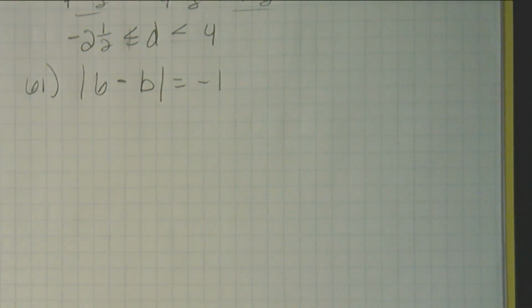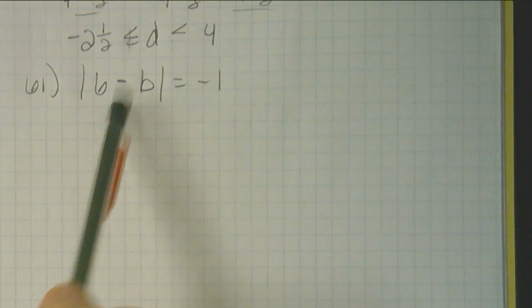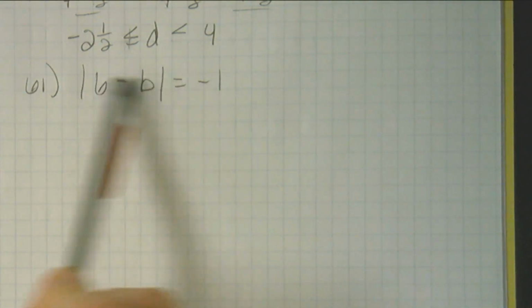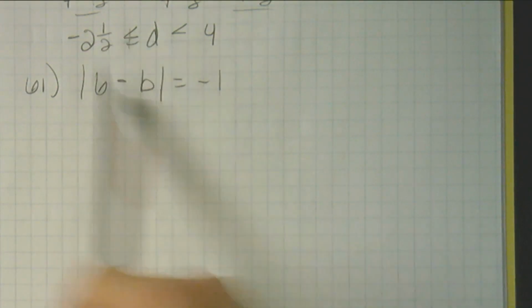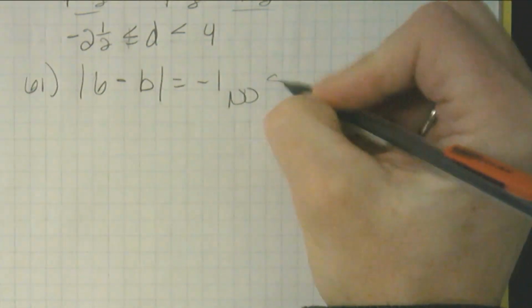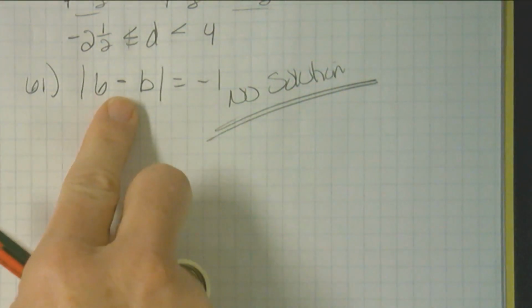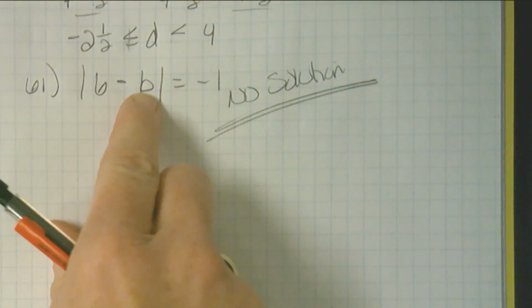Nick, I need you listening. Whatever this math is inside this absolute value, after I do that math and then take the absolute value of whatever that number is, can I get a -1? Victoria? No, I can't. This is a no solution, because the answer to an absolute value cannot be -1.